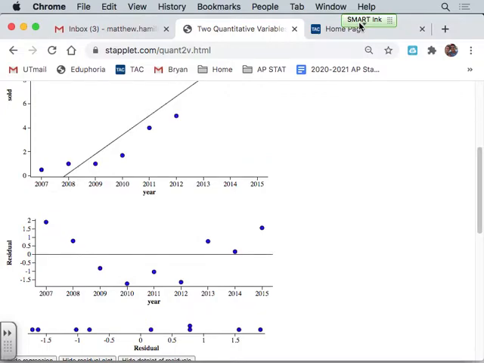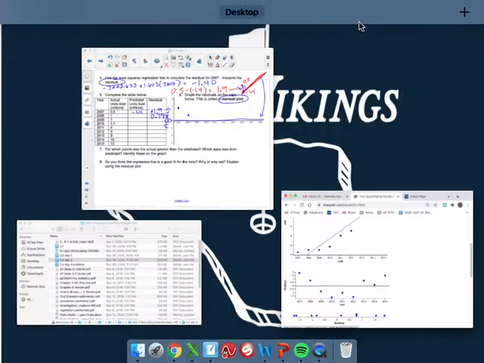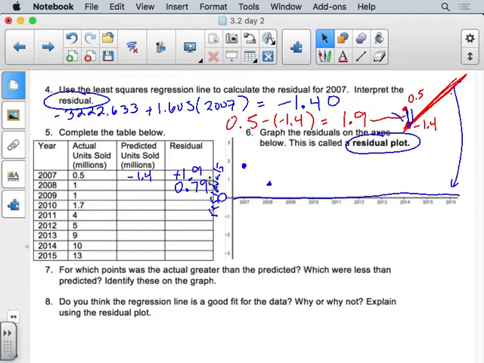Okay, so let me fill out the rest of this on our paper. For the next one, I got negative 0.81, which I just showed you on the Staplet. On your line of best fit, or the least squares regression line, that number is below the line, so it's a negative residual.